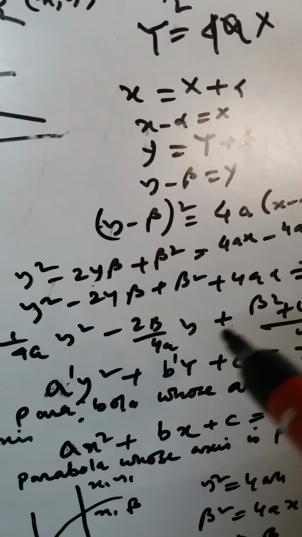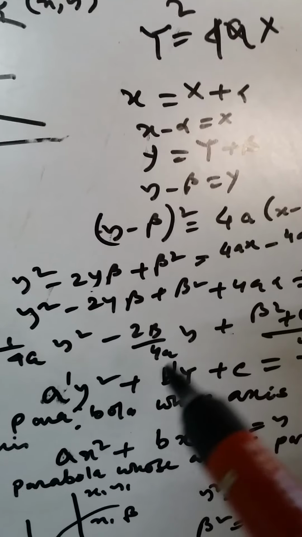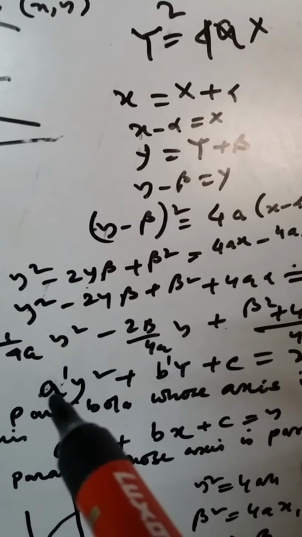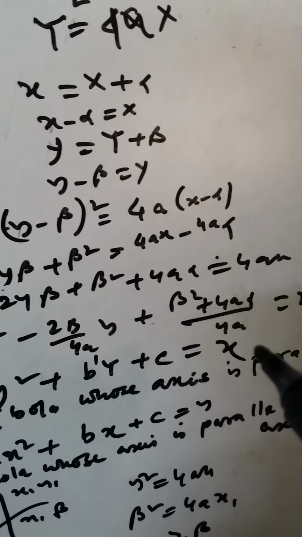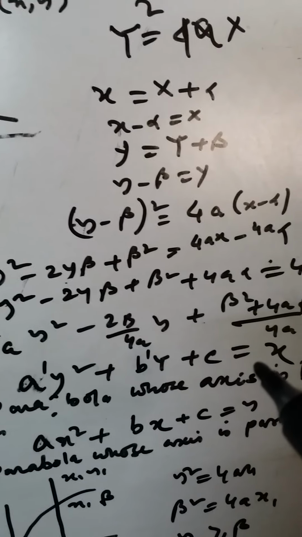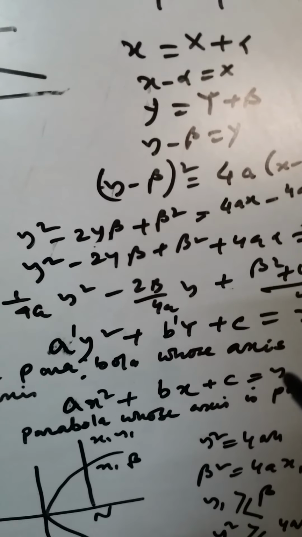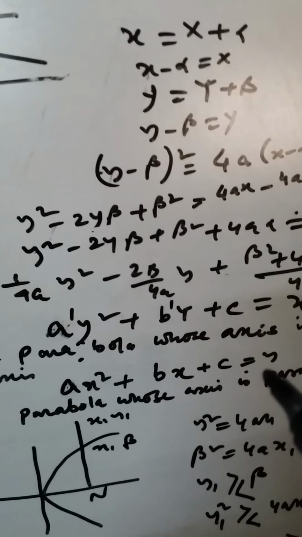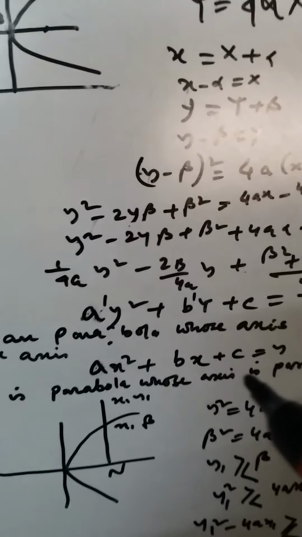If you divide by 4a, and say that coefficient is a dash and that is b dash and c dash, then a dash y square plus b dash y plus c dash equals x is the equation of the parabola whose axis is parallel to the x-axis, and ax square plus bx plus c equals y is the equation of the parabola whose axis is parallel to the y-axis.